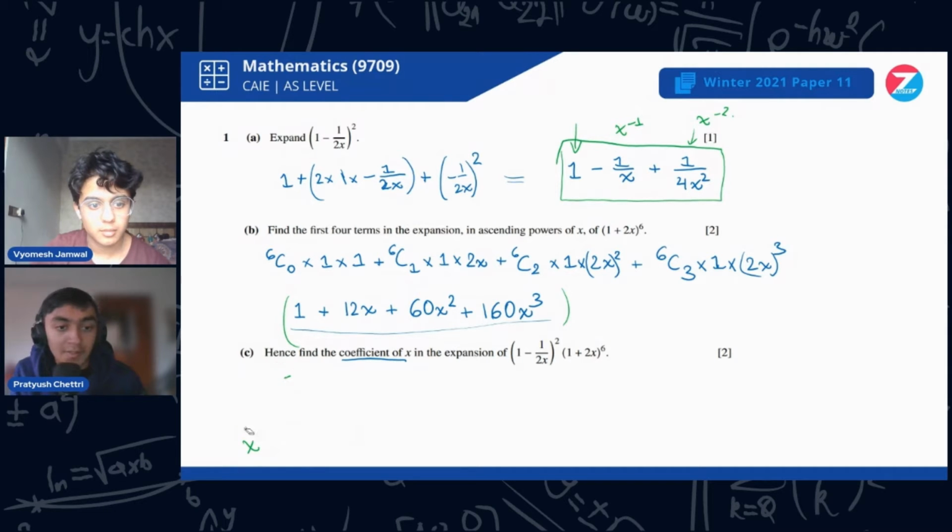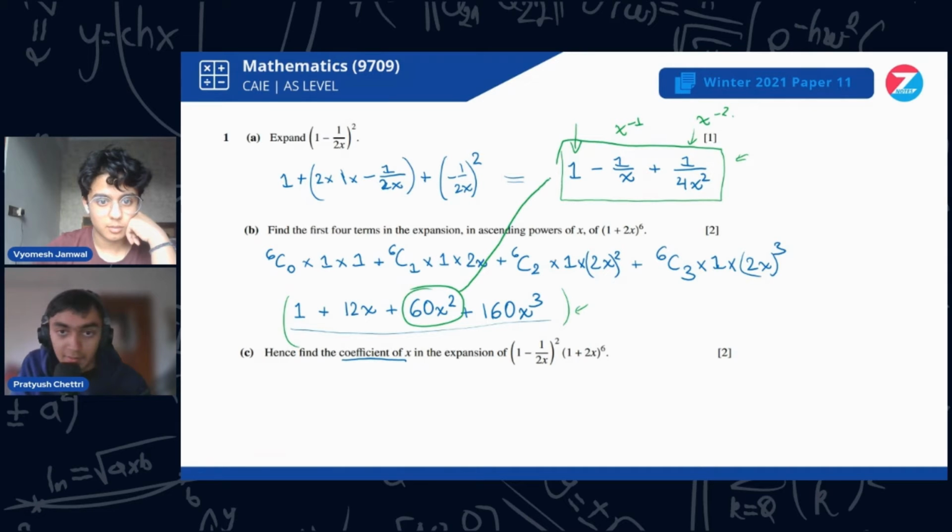So in this situation, first we want x, so we're going to first multiply x times the constant term.